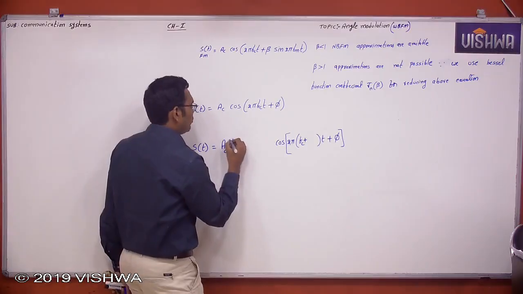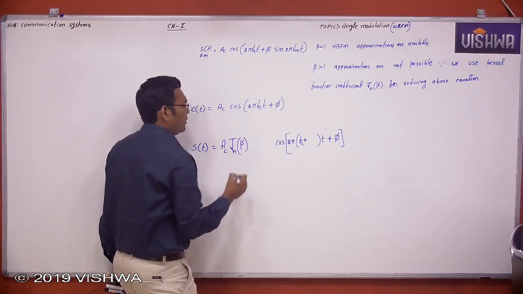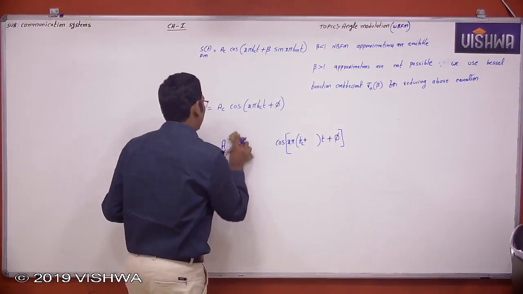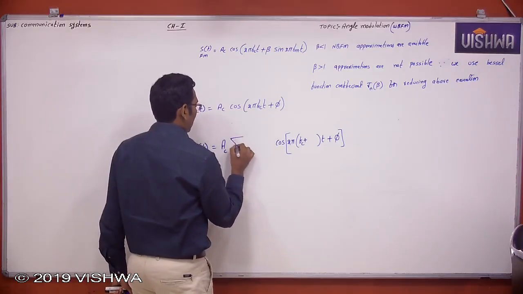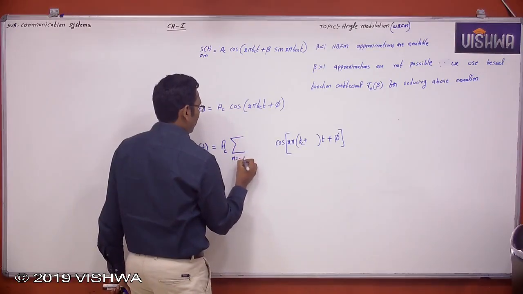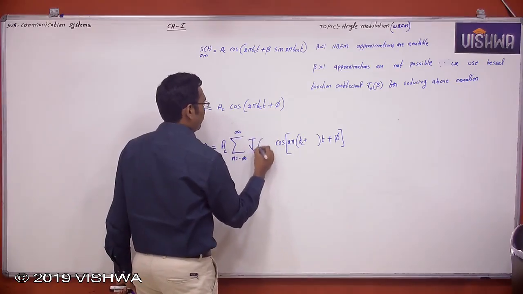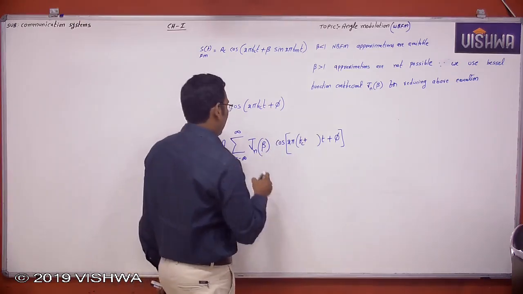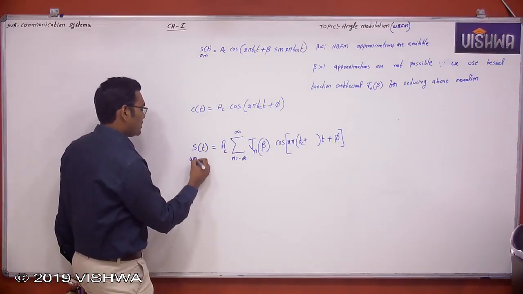But wideband FM and narrowband FM are separated by a Bessel function coefficient, Jn of beta, where beta is the modulation index we require. So the summation n equals minus infinity to infinity of Jn of beta is the Bessel function coefficient of order n. Now this is wideband FM, a wide range of frequencies.